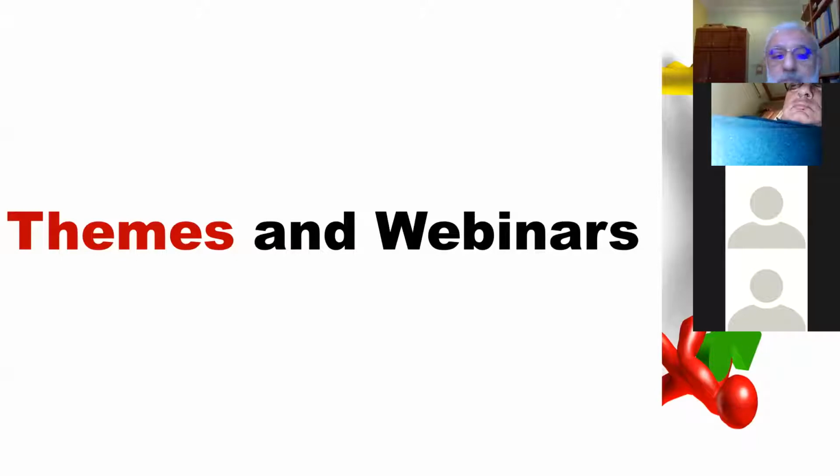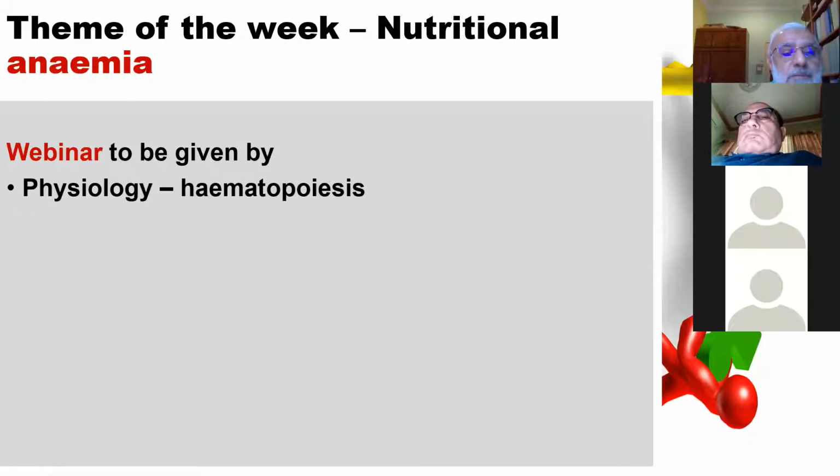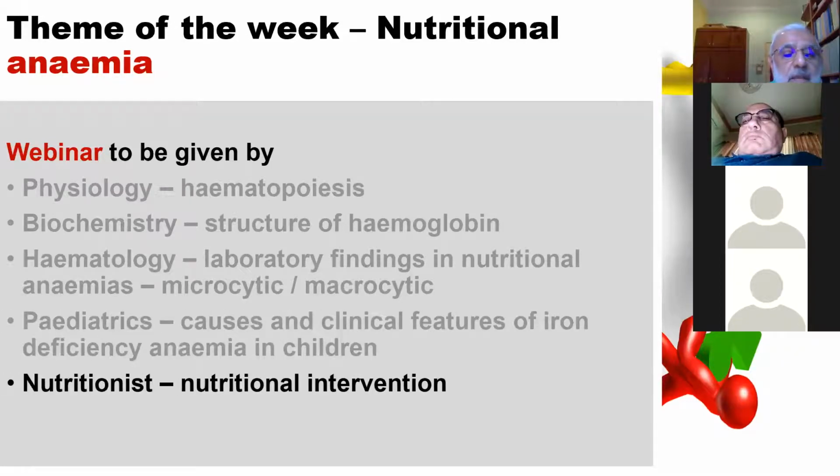Now, themes, which we discussed in details, they can be implemented very successfully through webinars. For example, we mentioned about the anemia, and maybe, let's say, one theme we have is nutritional anemia. And this webinar can be given by the physiology, biochemistry, hematology, pediatrics, and nutrition.